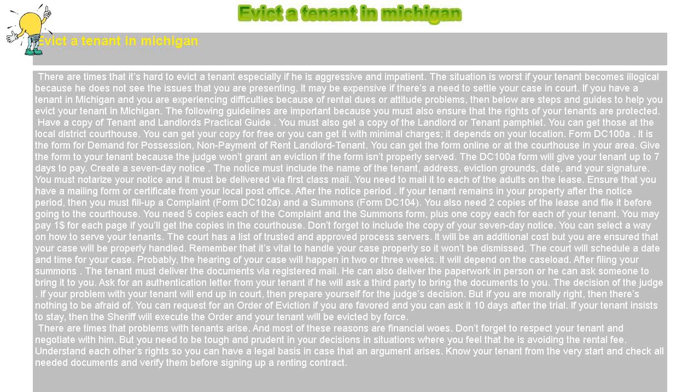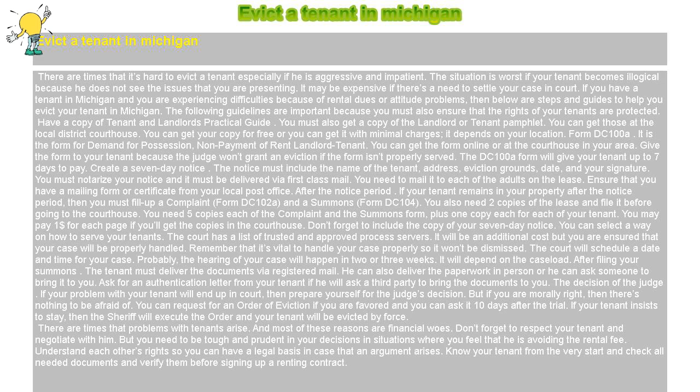You need 5 copies each of the complaint and the summons form, plus 1 copy each for each of your tenant. You may pay $1 for each page if you'll get the copies in the courthouse. Don't forget to include the copy of your 7-day notice.